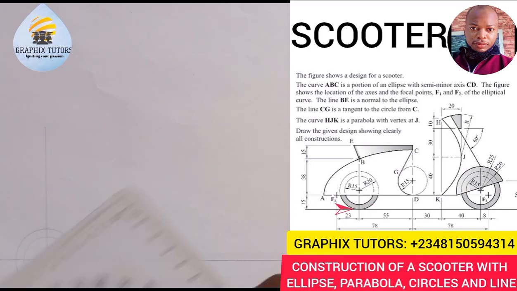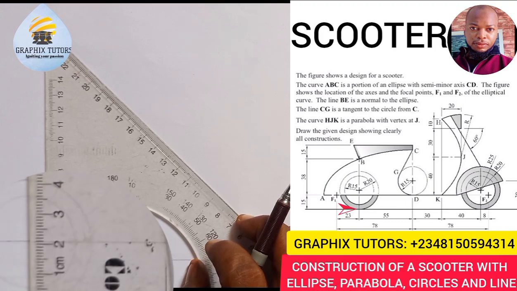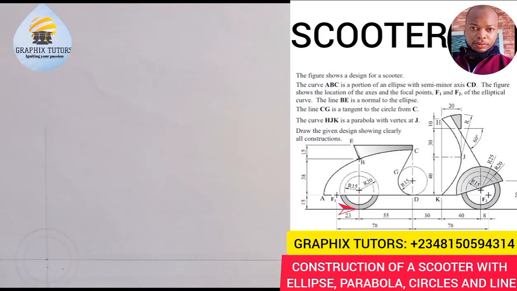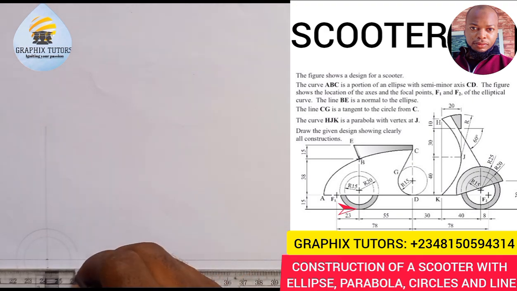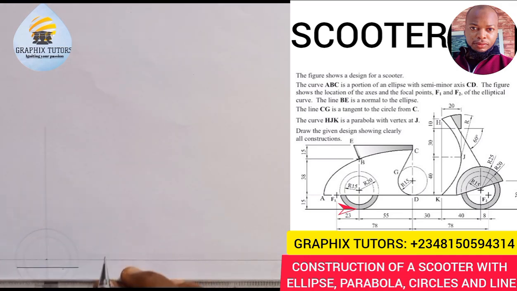If I do that, this is what I am going to have, from 0 to 15, right? And I can just easily close it up first of all like this. Just that point. Can you see that? That will be the base of the wheel there that we can see.